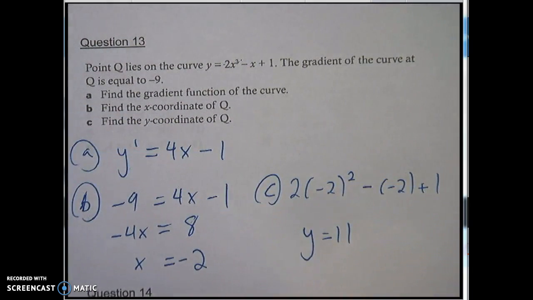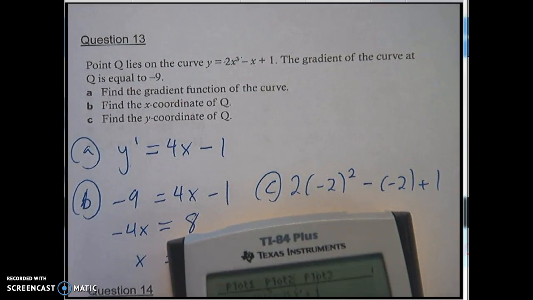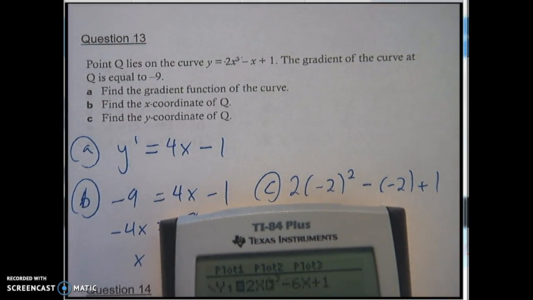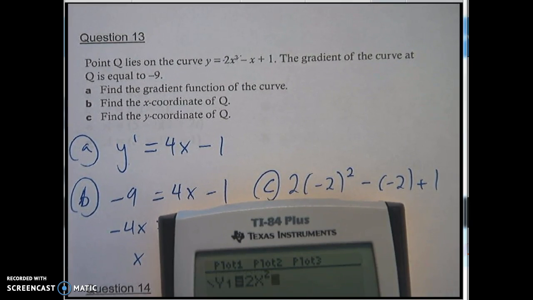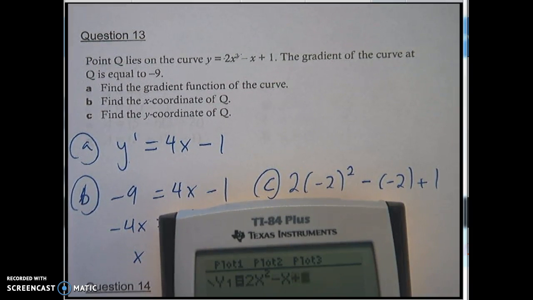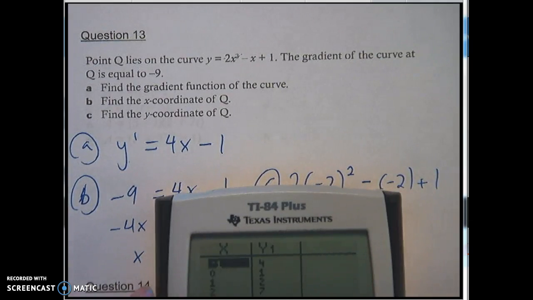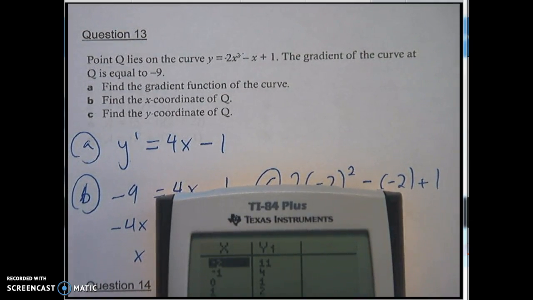There's a way you can verify that answer. 2x squared minus x plus 1. I'm going to retype all that. 2x squared minus x plus 1. At x equals -2, the y is 11.